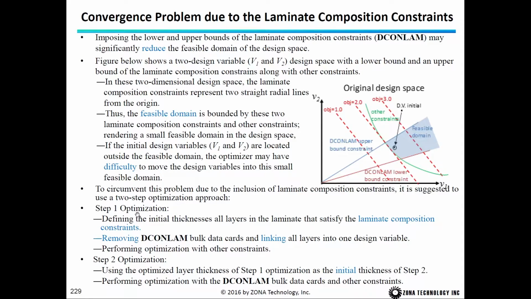Step 1: define the initial thickness of all layers in the laminate that satisfy the laminate composition constraint, then remove the DECLAMP, link all the layers into one design variable, and perform the optimization with other constraints. Step 2: use the optimized layer thickness of step 1 as the initial thickness of step 2, and perform optimization with the DECLAMP constraints and with other constraints.